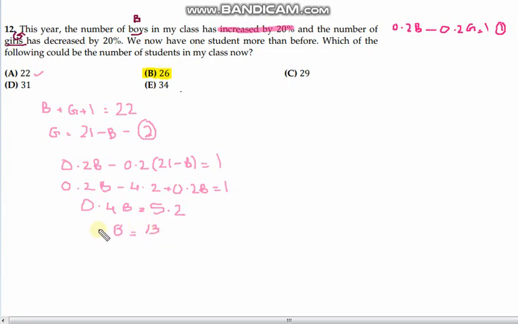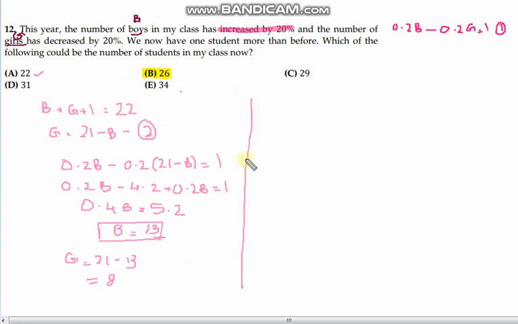Okay, and the number of girls, it turns out, is 21 minus B. So the number of girls is 21 minus 13, which equals 8. Right, so thus far it looks like A should be our correct answer, because 13 plus 8 is 21, and so on. But there's a catch.